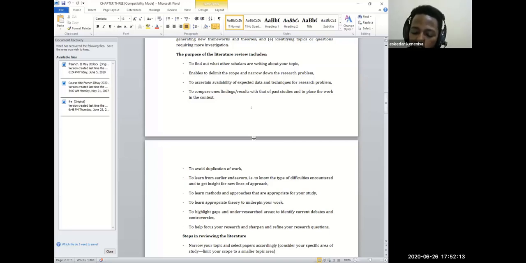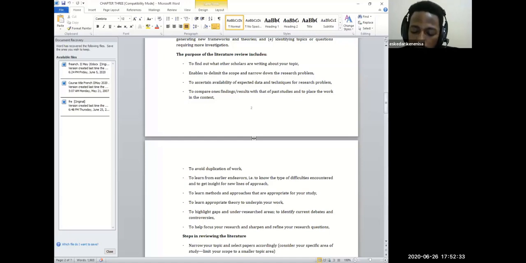By so doing, you narrow the research problem. If it is broad, it is difficult to manage. Therefore, it is better to make a narrow, clearly articulated, specific, concise research problem.